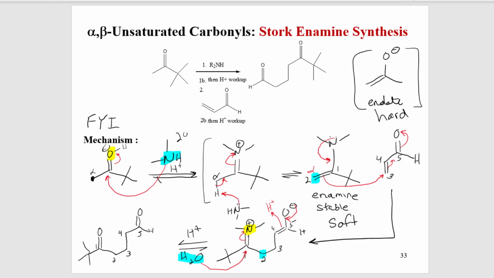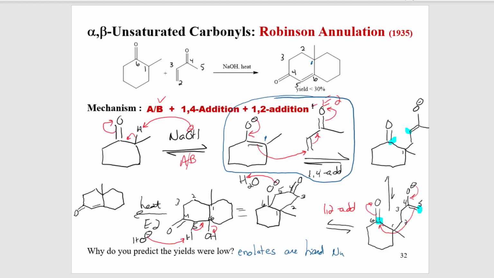The Stork enamine synthesis actually solves the Robinson annulation problem. Now you can do this exact reaction by changing your carbon 6 into an enamine, and in doing so you get much higher yields, up in the 80 to 90% range for the bicyclic system shown.